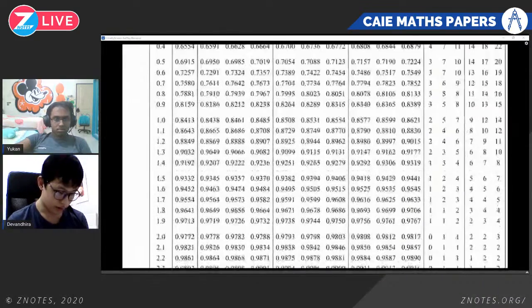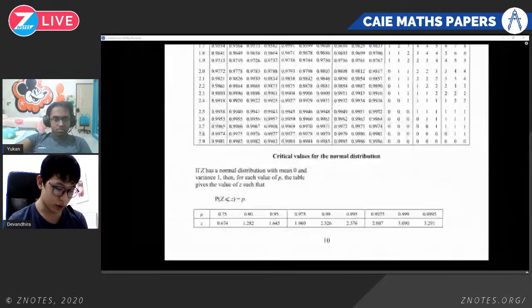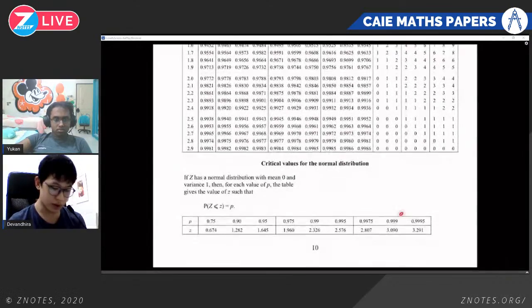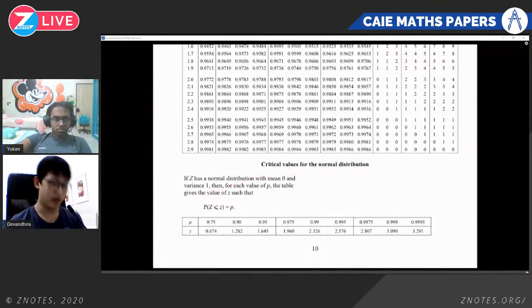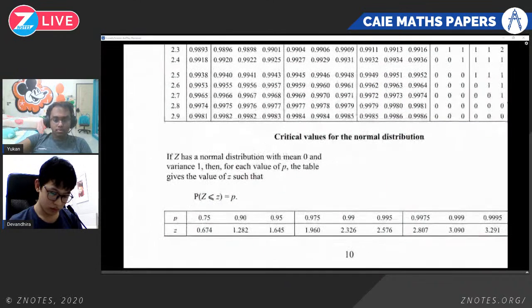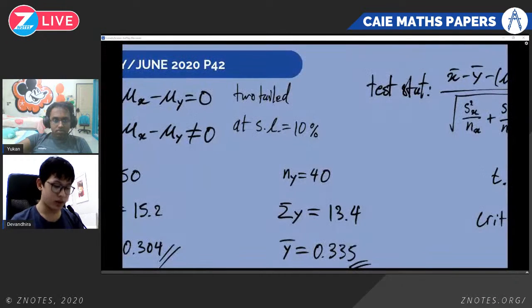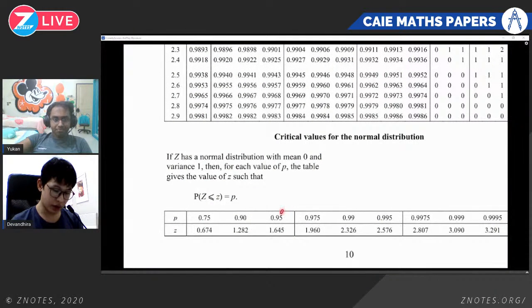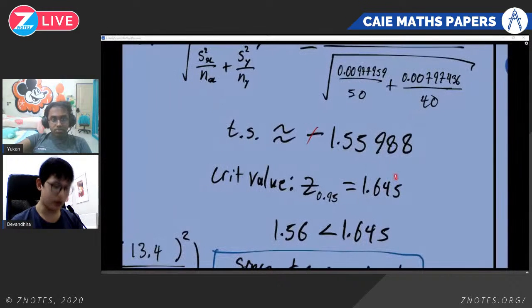When you want to look for critical values, it's always at the bottom of the page, right here. Since it's two-tailed, we have to divide our 10% by 2. That means it's 5%, correct? So we have to use 0.95. That means our critical value is just 1.645, which is what I've written here.